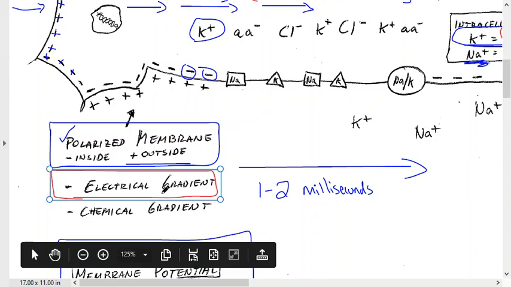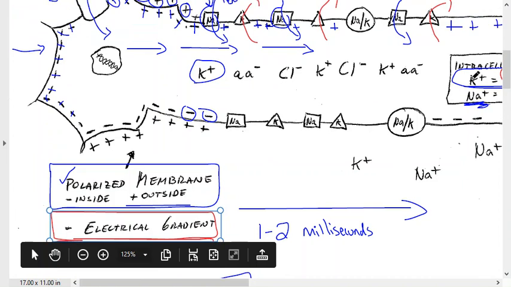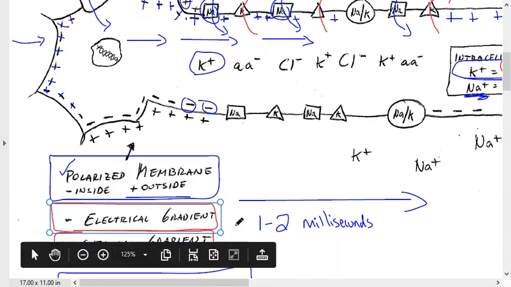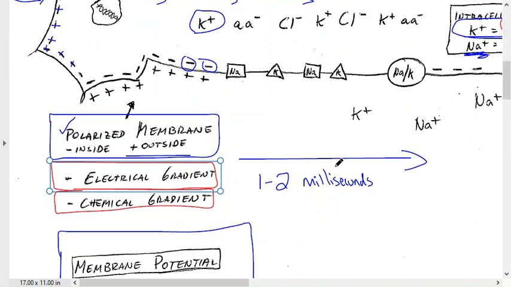But you have the electrical gradient because of the chemical gradient, because of the different amounts of sodium and potassium moving in and out of the cell. So both of these electrical and chemical gradients are in charge of sending this electrical impulse down the axon.